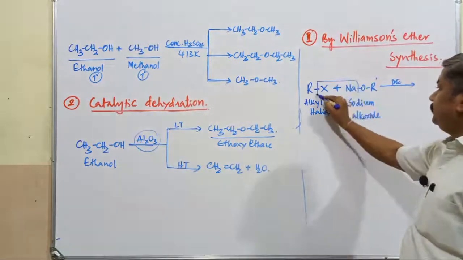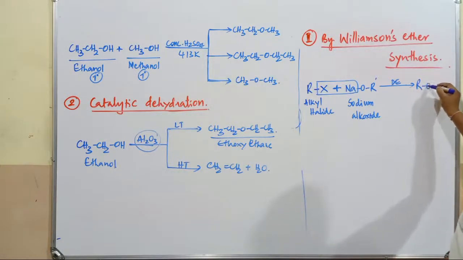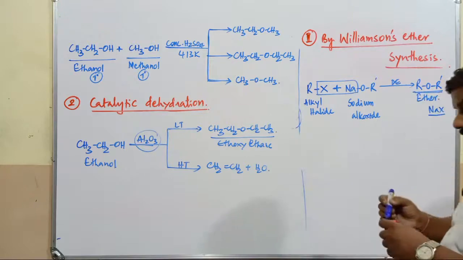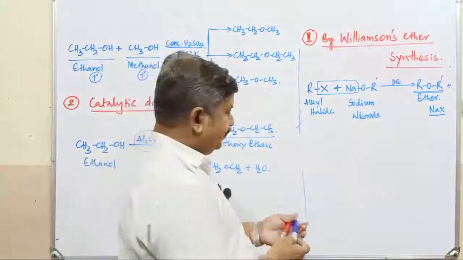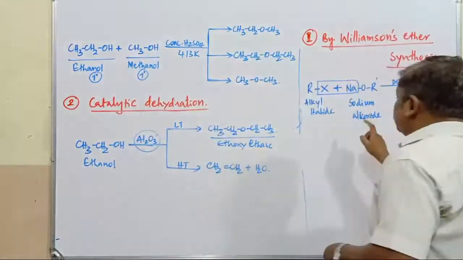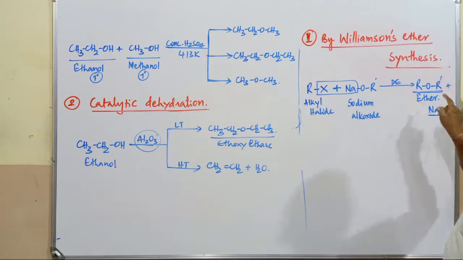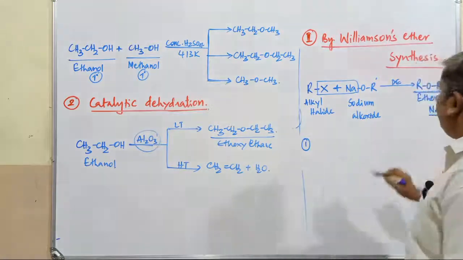The sodium combines with the halogen to form sodium halide. The compound formed is ROR' plus NaX. This ROR' is known as an ether. Formation of ether takes place here. Alkyl halide is treated with sodium alkoxide or potassium alkoxide in the presence of dry ether, and it forms an ether compound ROR'.